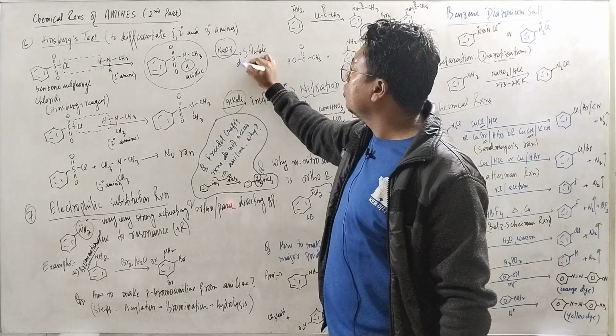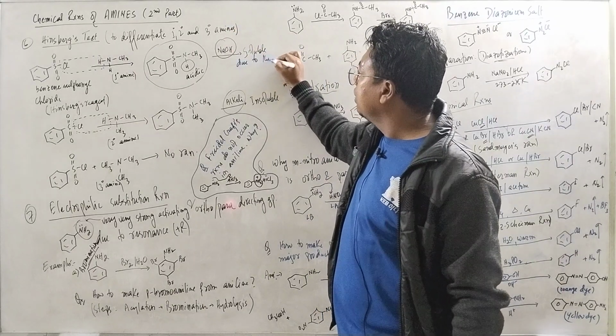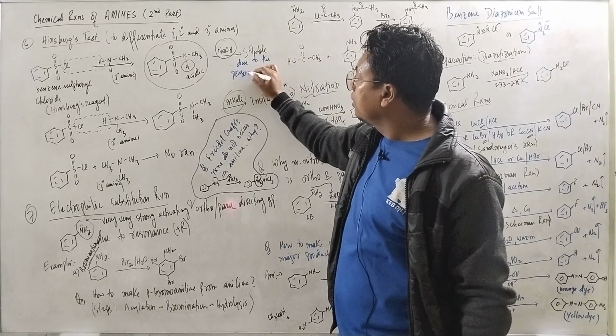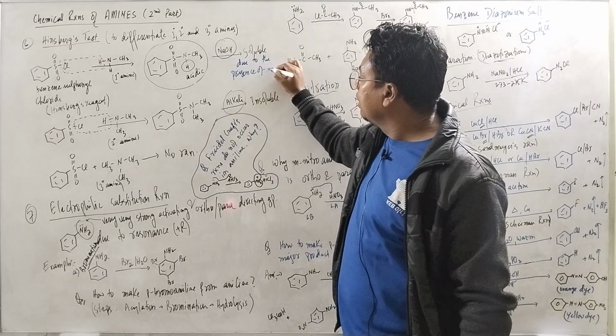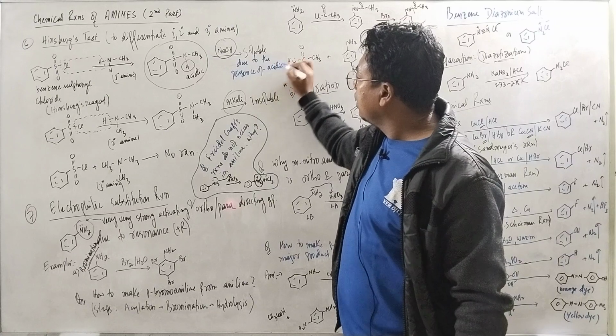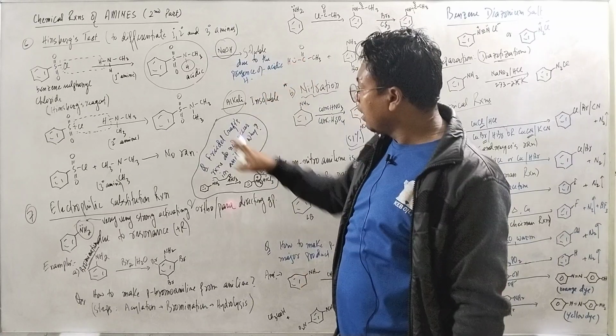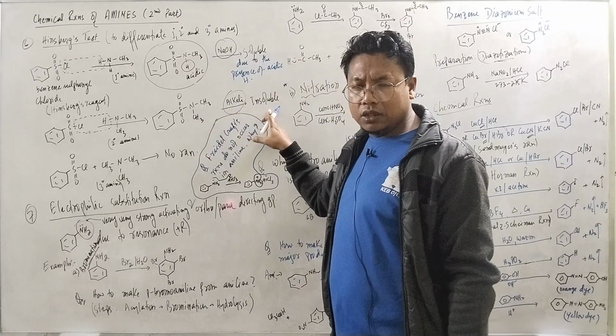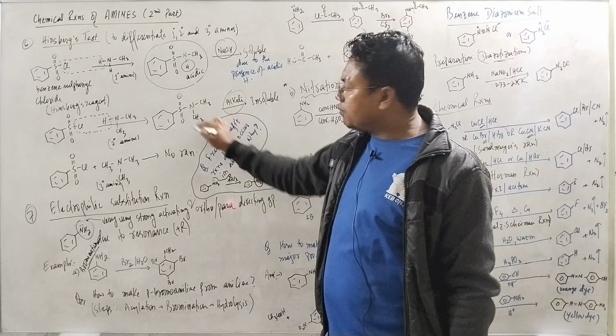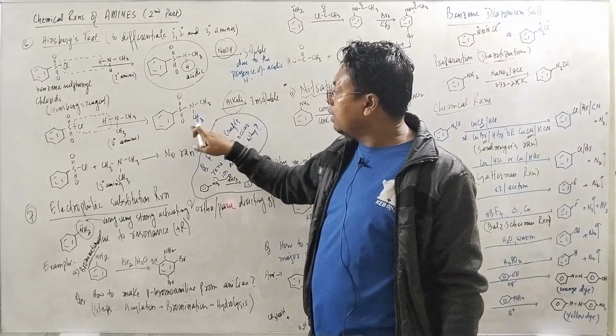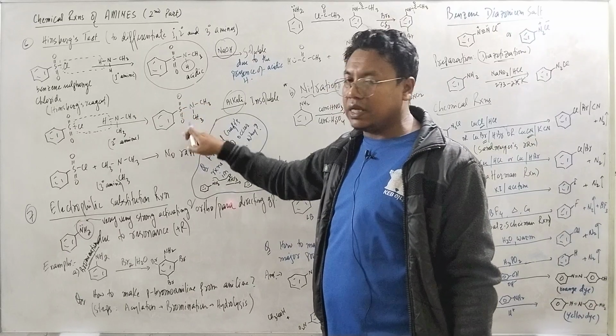This is soluble due to the presence of acidic hydrogen, and this will not be soluble because there is no acidic hydrogen attached to this nitrogen.